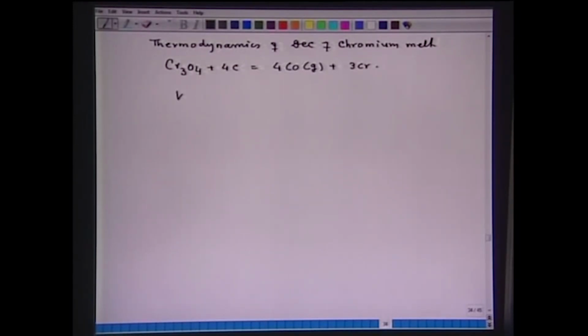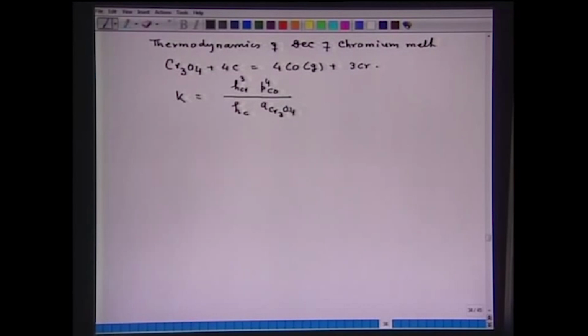Now, if you write down the equilibrium constant K, that will be equal to h_Cr cubed, P_CO to the power 4, upon h_C to the power 4 and activity of Cr3O4.